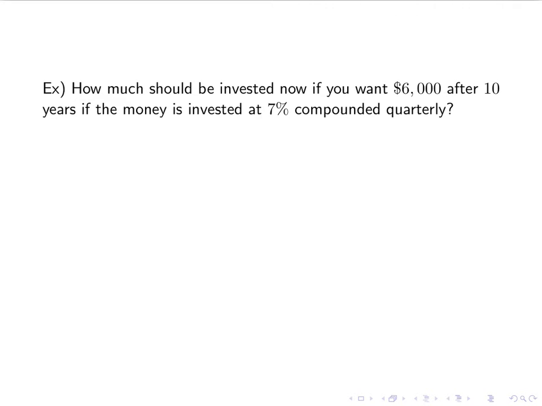How much should be invested now if you want $6,000 after 10 years if the money is invested at 7% quarterly? So now the question is, how much should we invest? I'm not looking for S, I'm looking for P. And S is the 6,000.